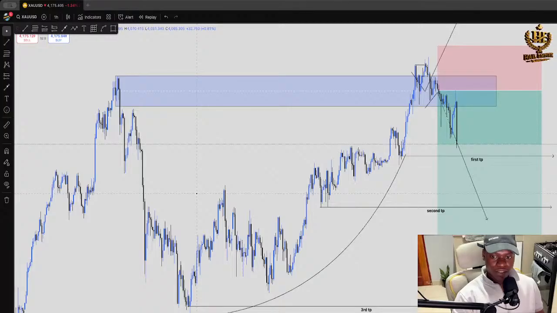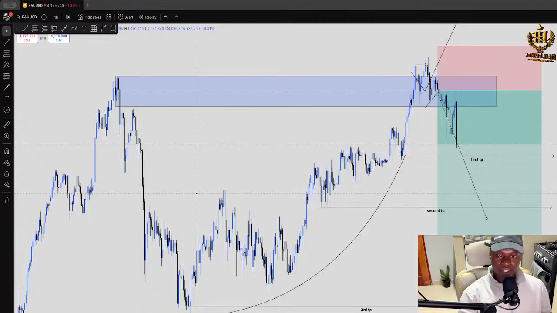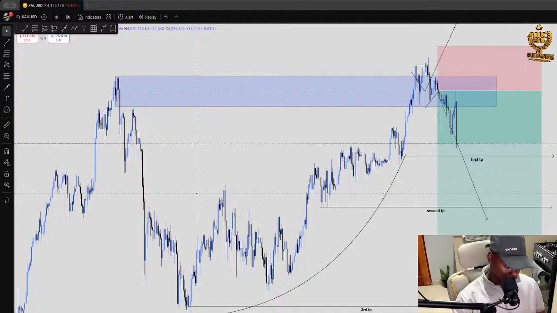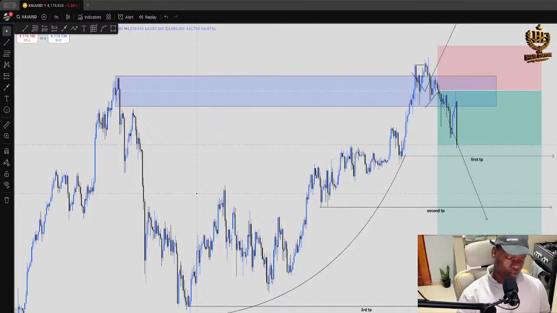3 minutes left before the hourly candlestick closes. Reduce your volume there.